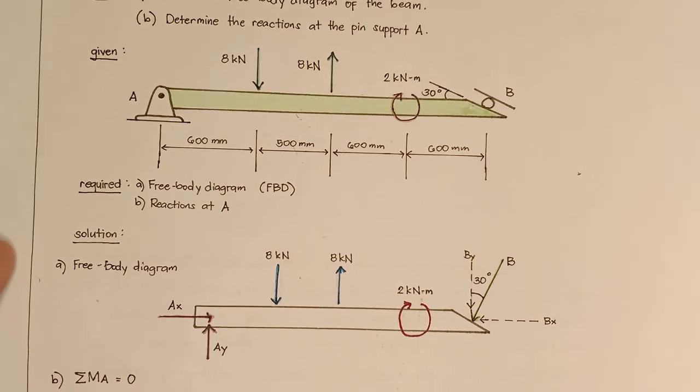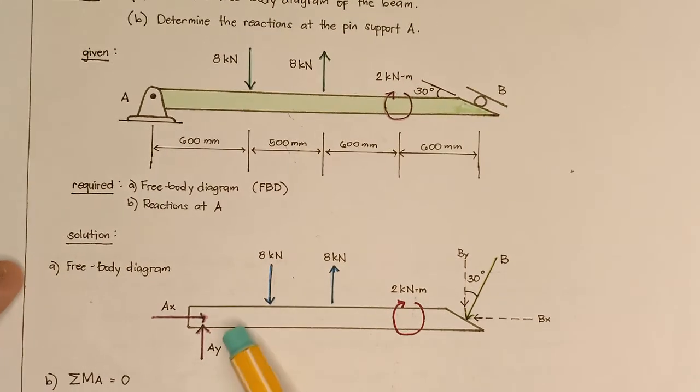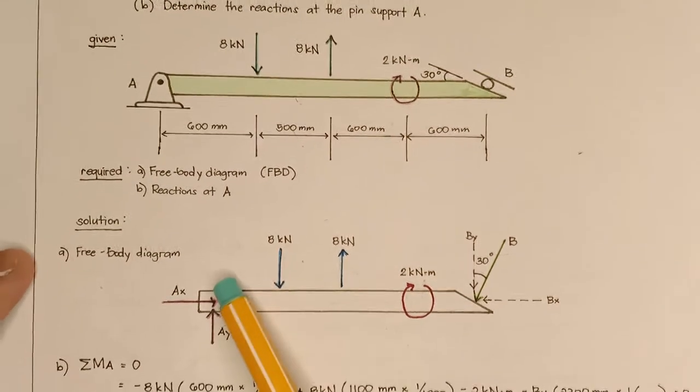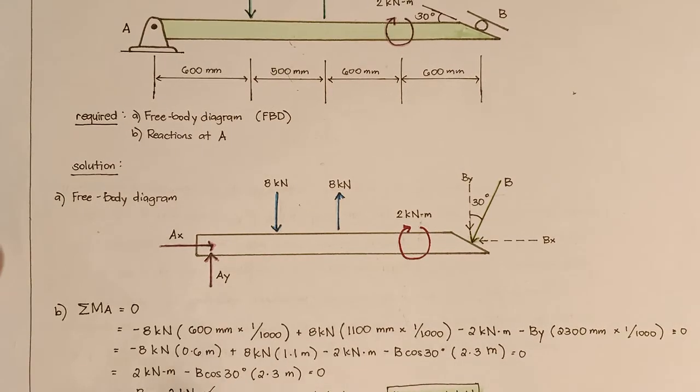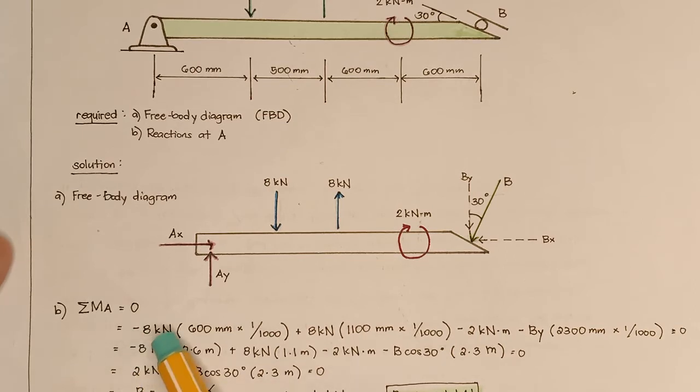Next, to determine the reactions at pin support A, we are going to solve for the moment of force at A. Since this beam is in its equilibrium state, this moment of force at A would be equal to 0. So in here, we are going to have negative 8 kilonewtons multiplied to the 600 millimeters converted to meters.